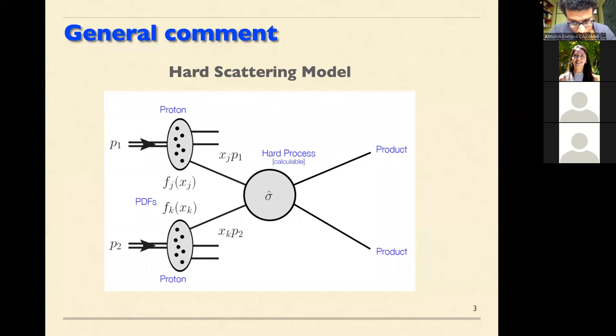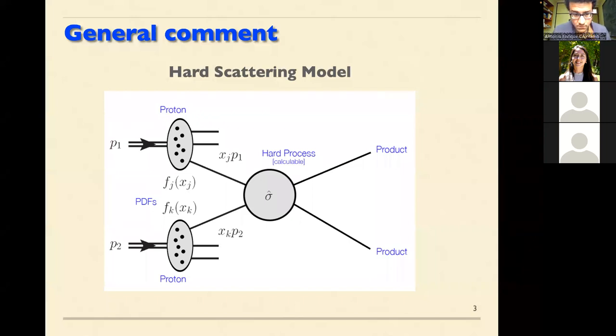But that relies on the fact that in the hard process you have to have a hard scale, for example, a particle that comes in with a large perpendicular component, or a very large mass, for example, a quark that is massive. In those cases, you can justify that, but it's an approximation.